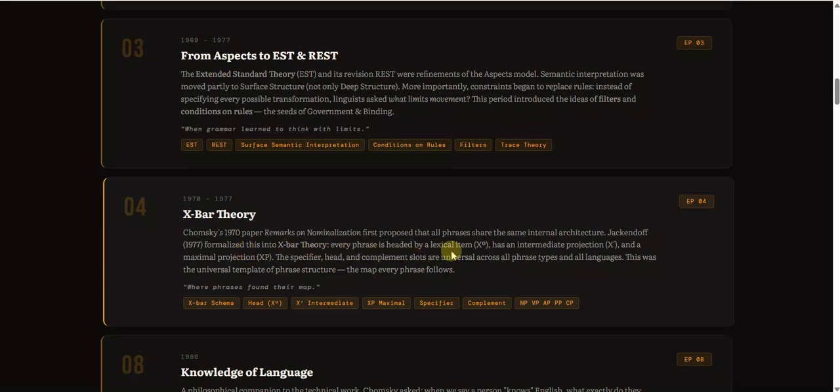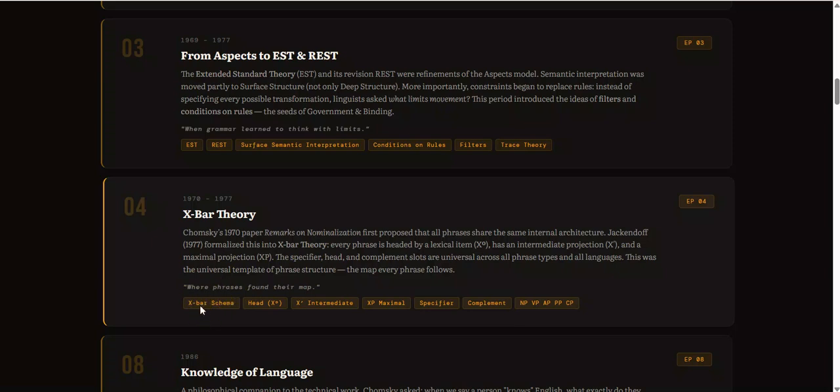Every phrase is headed by the lexical item X. This is the head, and then the intermediate projection X-bar and the maximal projection XP, which makes a phrase. Specifier, head and complement slots are universal across all phrase types and all languages. This was the universal template of phrase structure, the map every phrase followed. This is where phrases found their map.